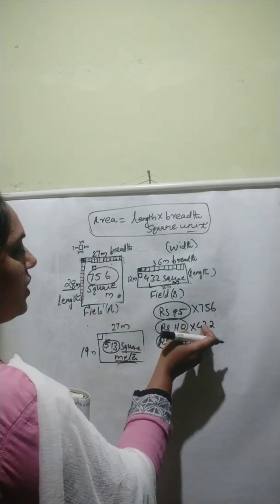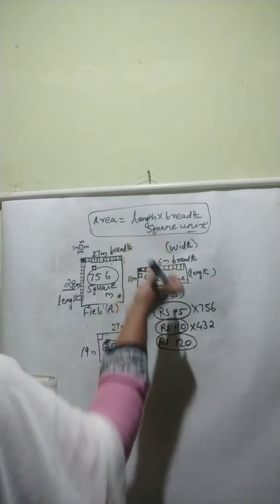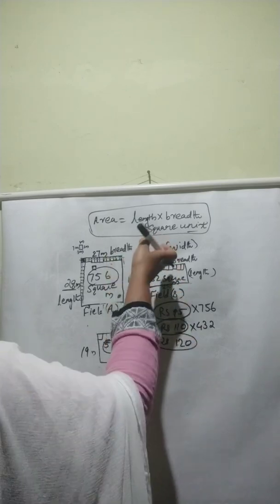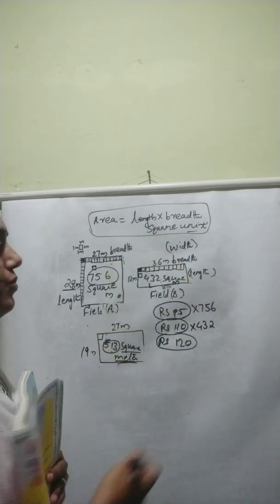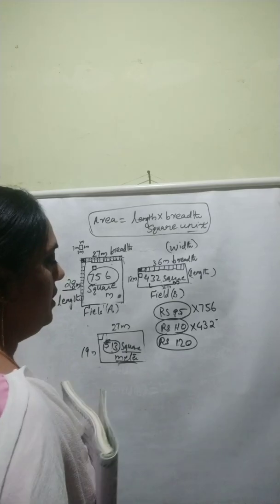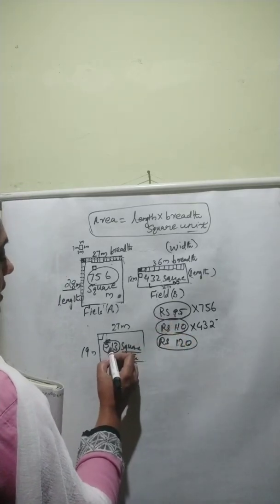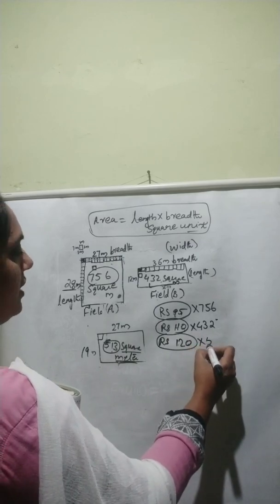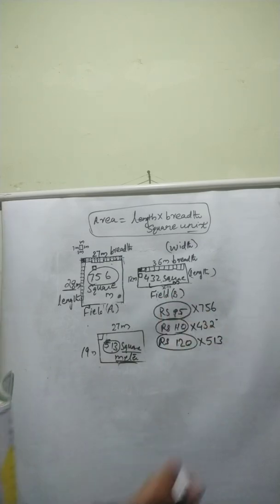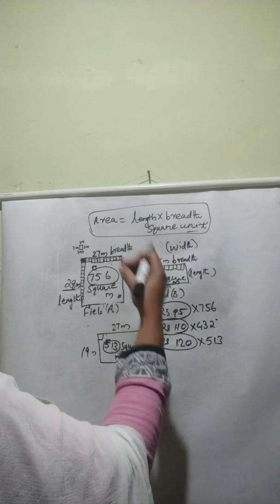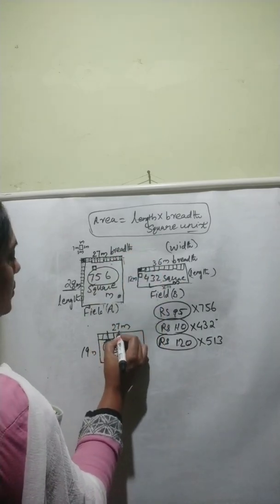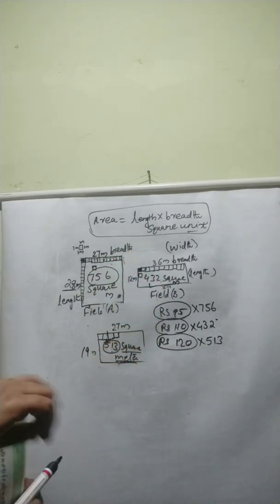That is 432 times, 110, again 110. For field C, 513 times he needs to pay 120. Like that.